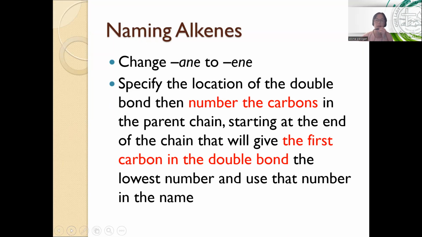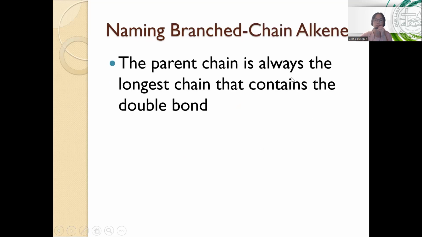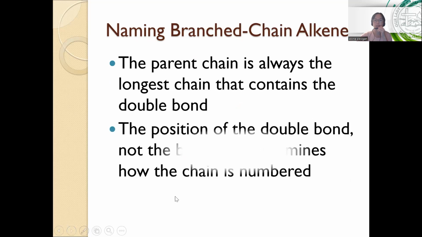Take note, the numbering is about the presence of the double bond. In naming branched chain alkenes, the parent chain is always the longest chain that contains the double bond. The position of the double bond, not the branches, determines how the chain is numbered. Again, the position of the double bond, not the branches. Unlike in alkanes, where it's the position of the substituent that determines how the chain is numbered.